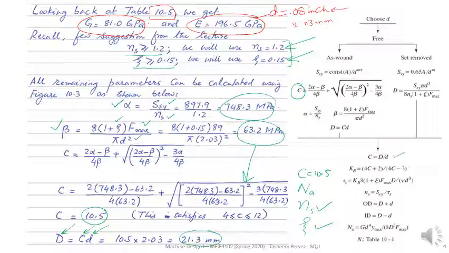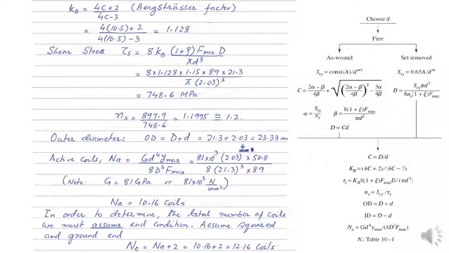And you can see from here that these are calculated also. We'll go now to calculate these. You see that first we calculated the Bergsträsser factor, which comes out 1.128 based on the value of C. Let me just remind you that for this Bergsträsser factor, I have a few choices.